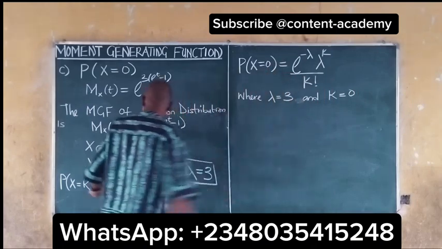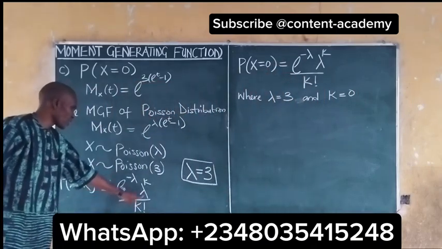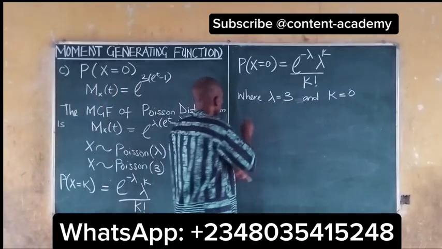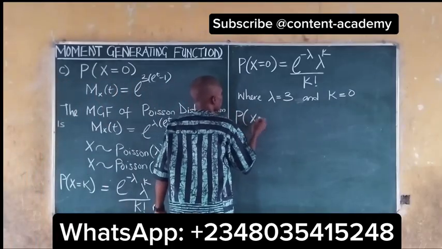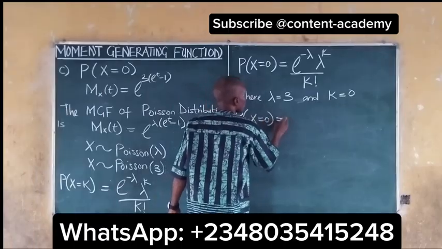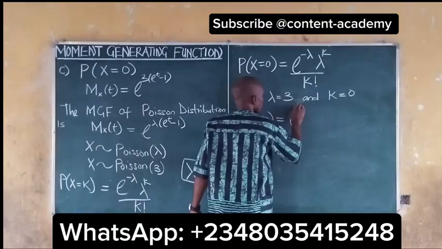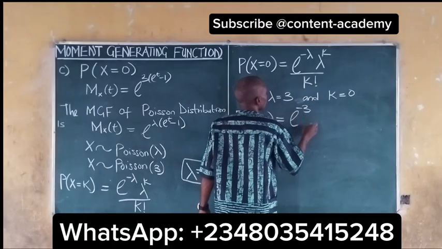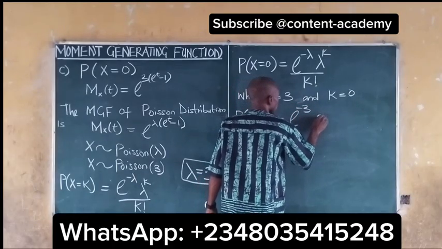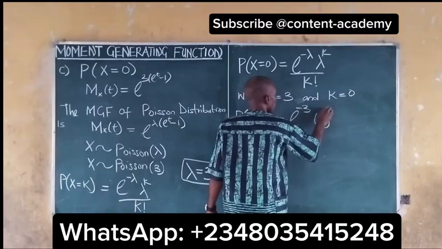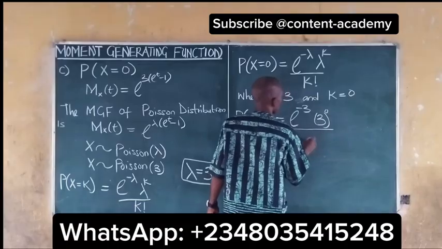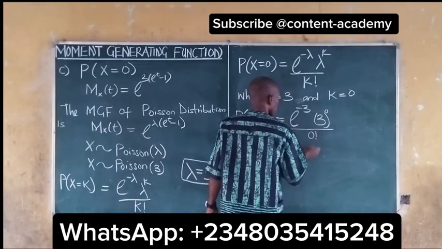So we have the probability of x equal to 0 will be equal to exponential negative 3, then 3 raised to the power of 0, all over 0 factorial.